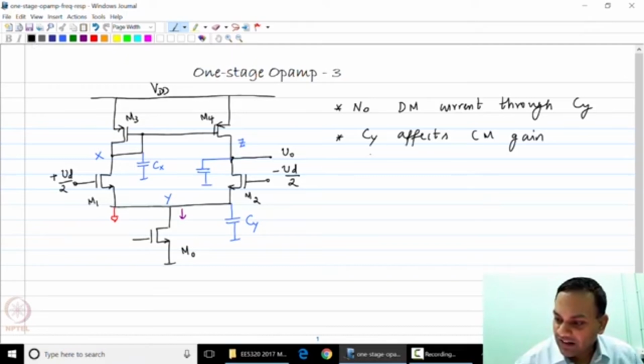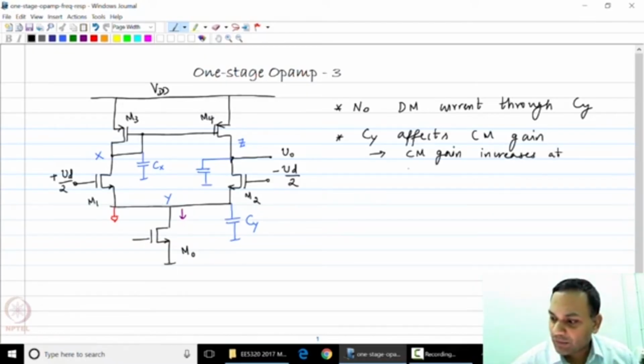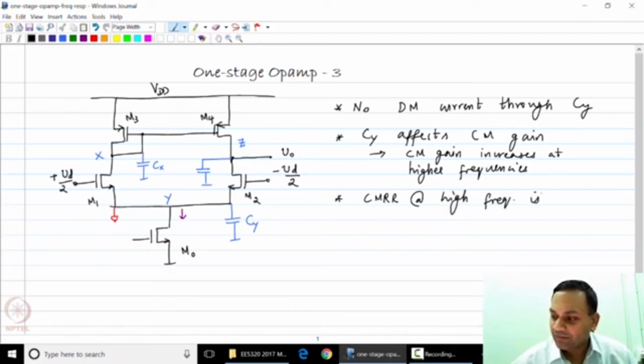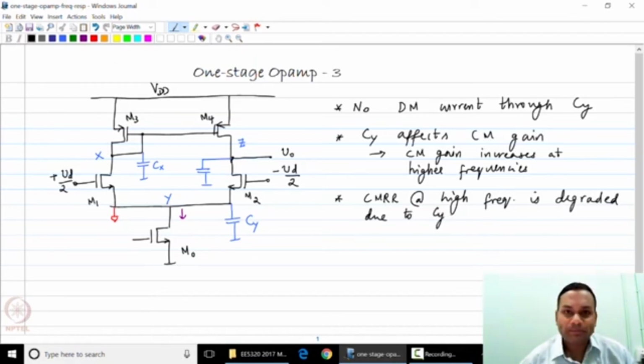So, I'll just point out that common mode gain increases at higher frequencies. And finally, the CMRR at high frequencies is degraded due to Cy. Now, with that understanding, we will move on to the differential mode picture of the circuit.